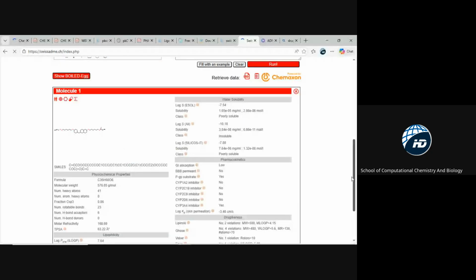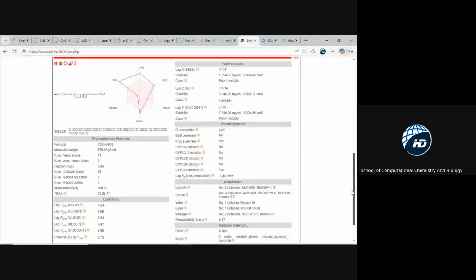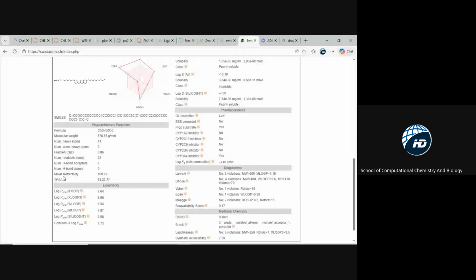Okay, it's not found in ADMET. It's not found in ADMET.